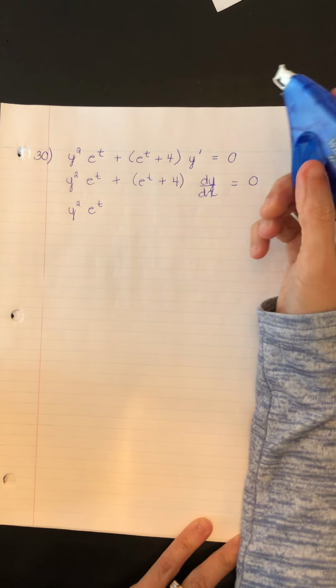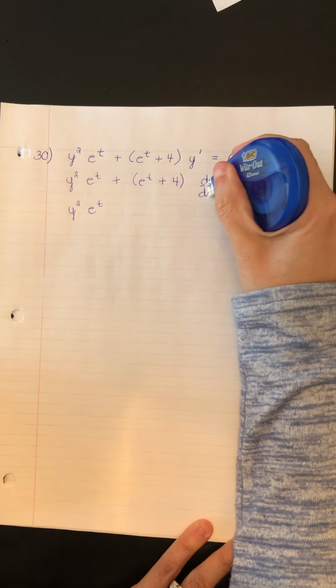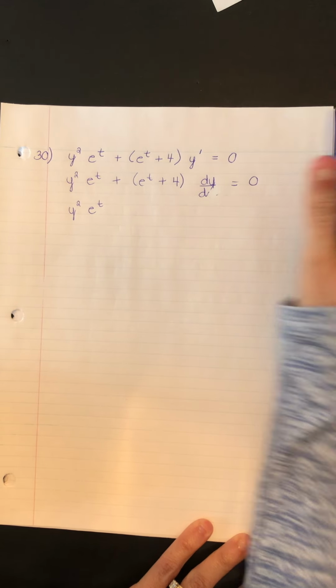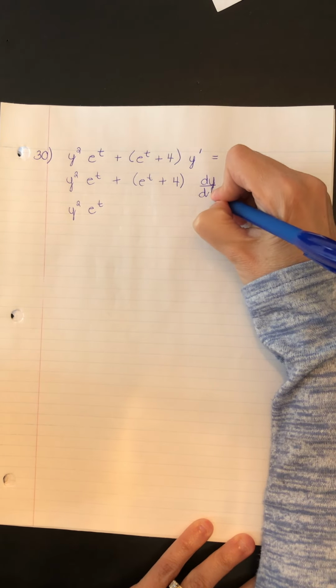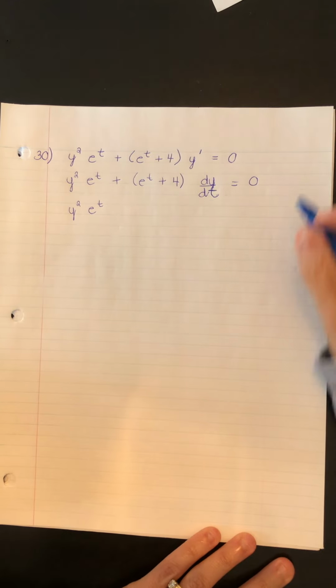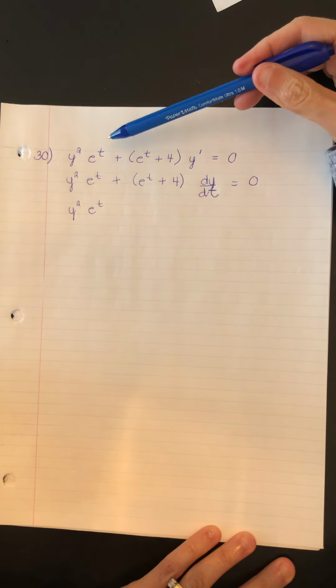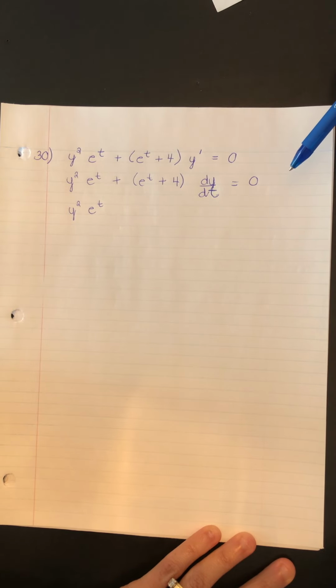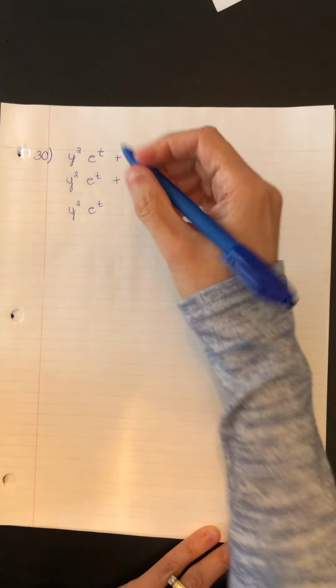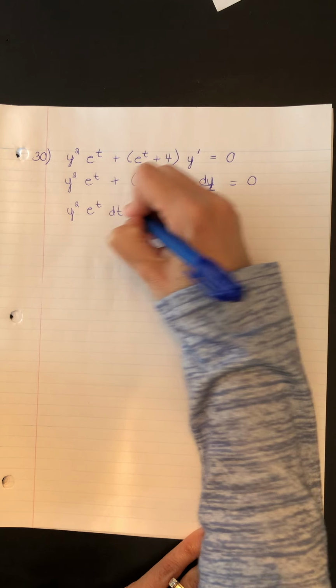So this should be dy by dt for this example. Sorry about that. The independent variable is t in problem 30 and the dependent variable is y. Okay, so this will be dt.